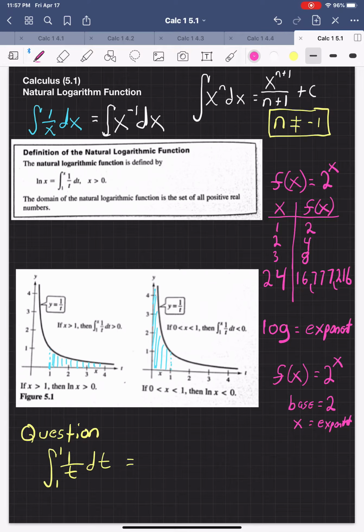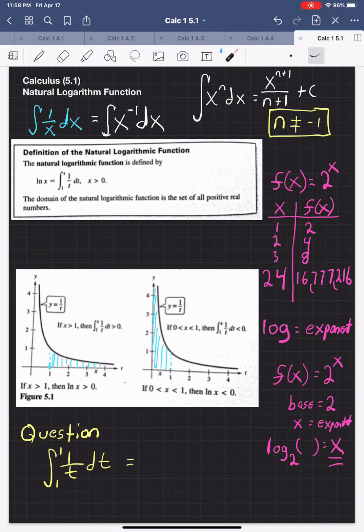Now, if you were going to introduce a log, you would have a log of base 2. There are ways to change base, but the idea is the log base 2 would equal that exponent. Okay?